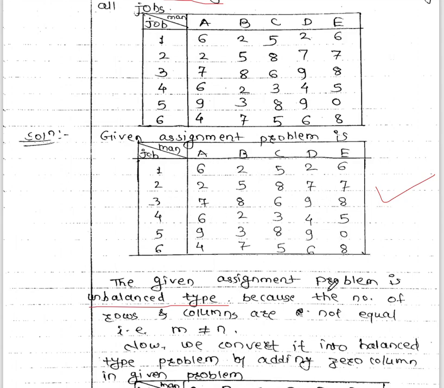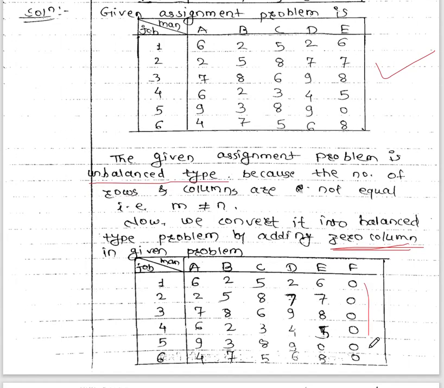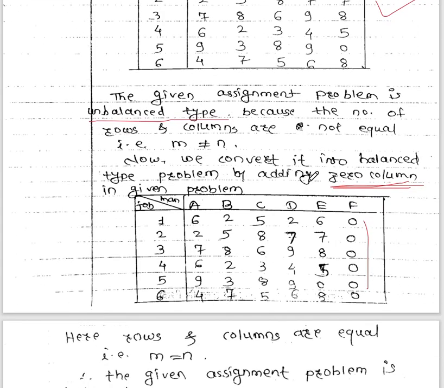For that we have to add one dummy column, or we can say a zero column. This is the dummy column we have added in this assignment problem table. Now check: 1, 2, 3, 4, 5, 6.